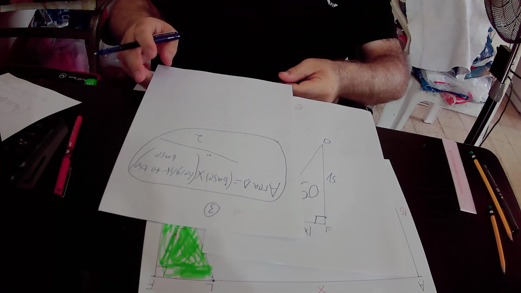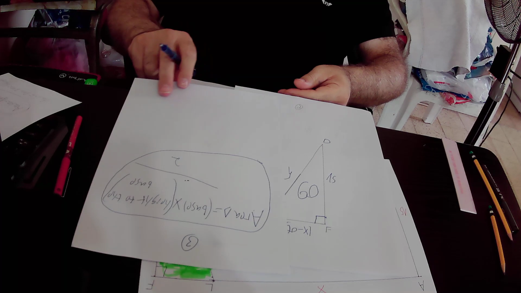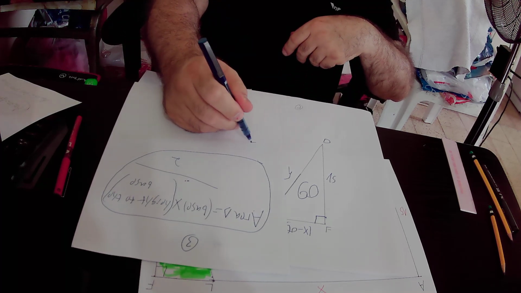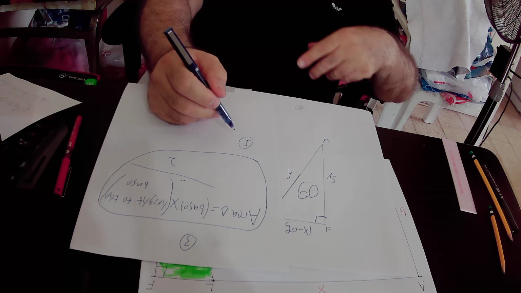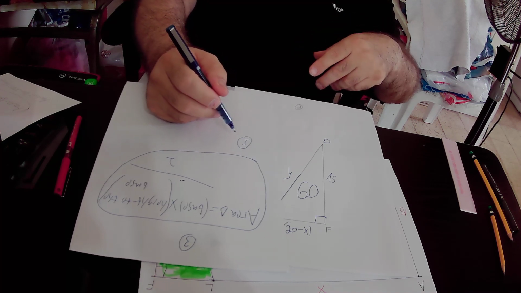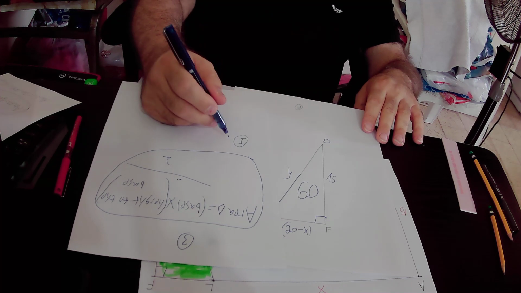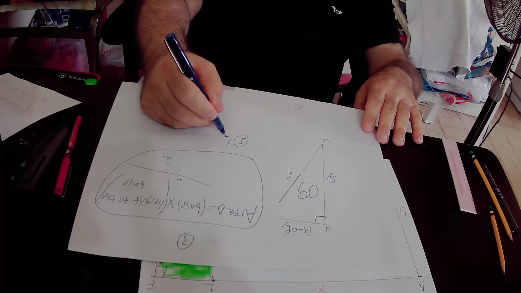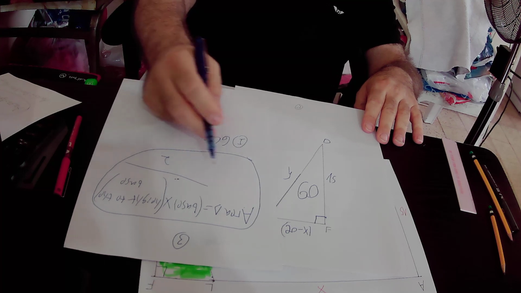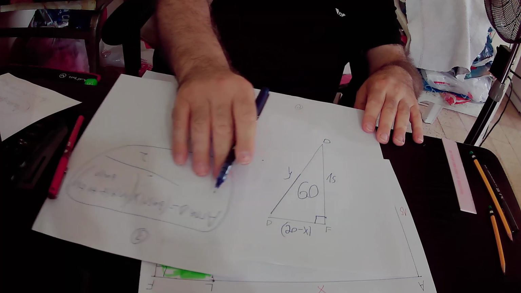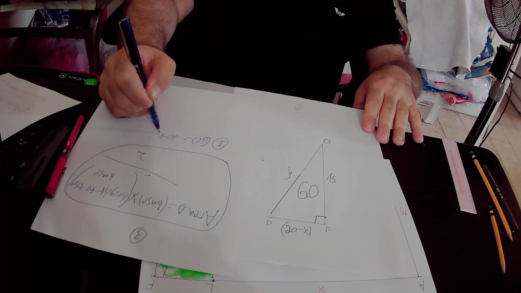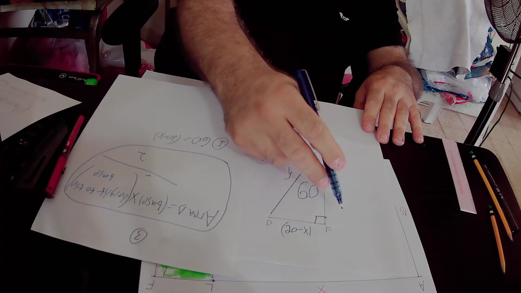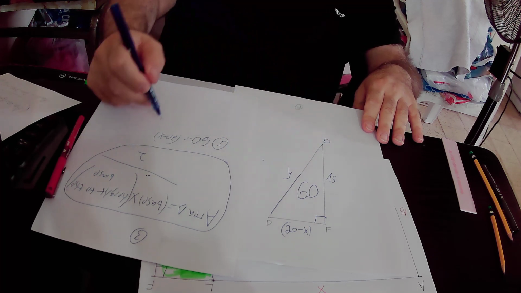So our first equation: the area of the right triangle LFD is 60, and it equals the base of the triangle, that is 20 minus x, times the height to the base, that is 15.